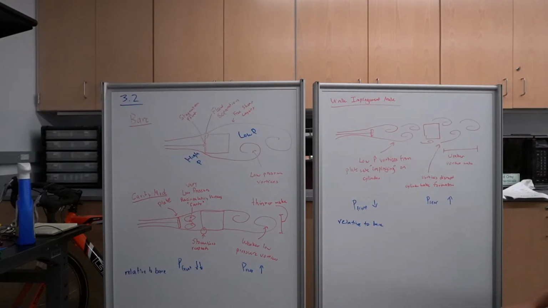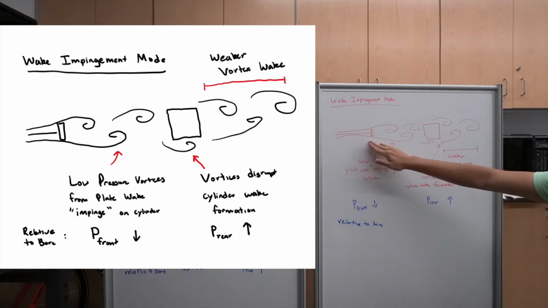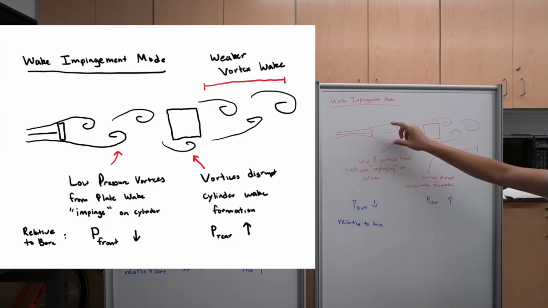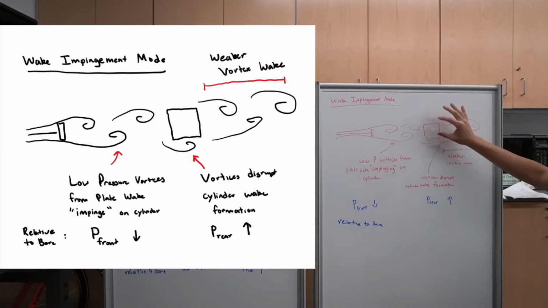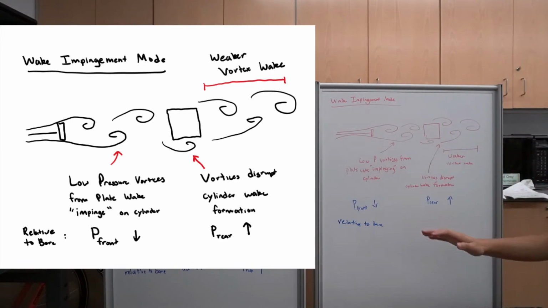Going to the wake impingement mode, we've now increased the distance between our plate and our cylinder. So now we're still getting shedding off of our plate, but our plate is now far enough away from our cylinder that these streamlines can't reattach to the corner, creating that very stable low pressure cavity that we saw in the cavity mode.